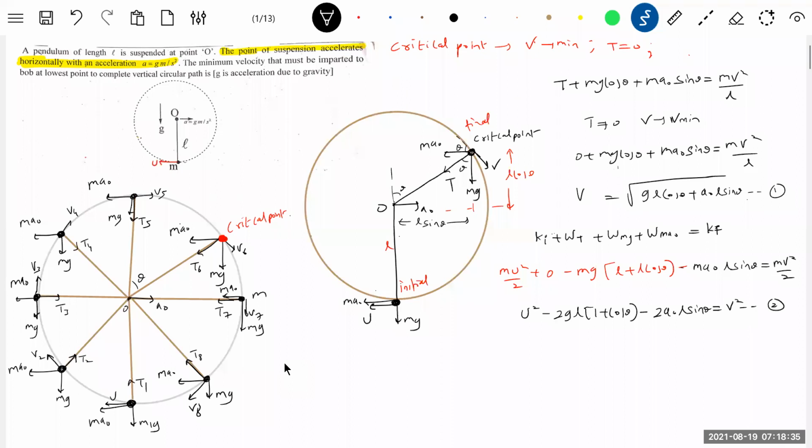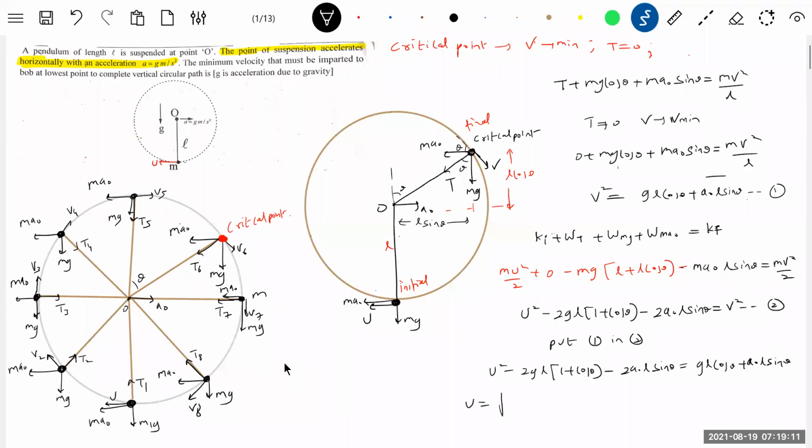I need v square, so I'll substitute 1 in 2 to get an expression for u, and then we'll see what we can do. By the end of the answer, you are going to understand this question. Till then the mathematics will work out. Let's solve for u.